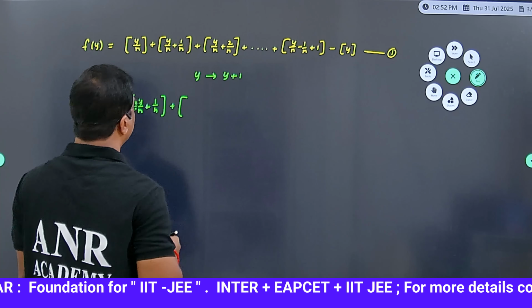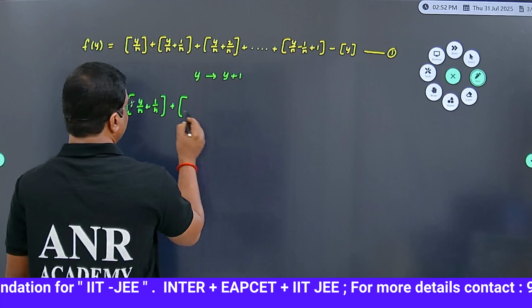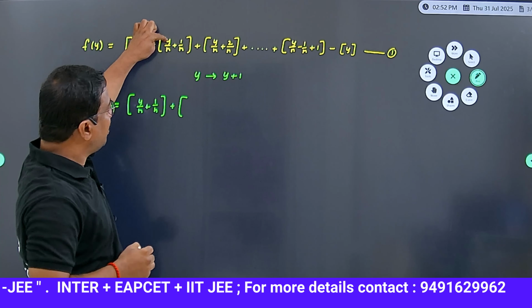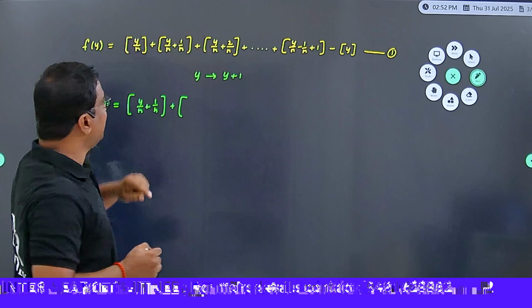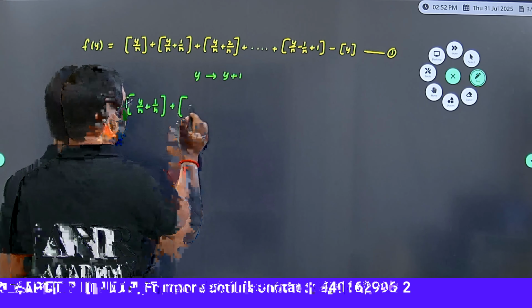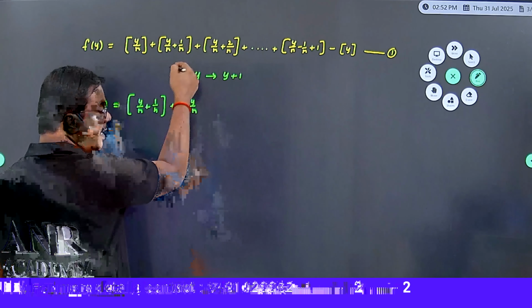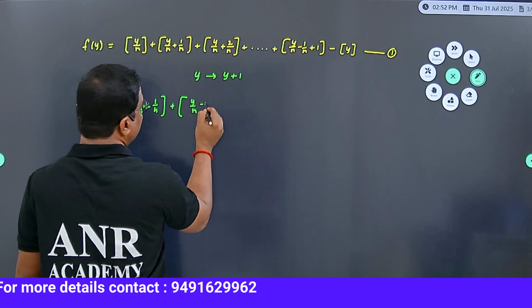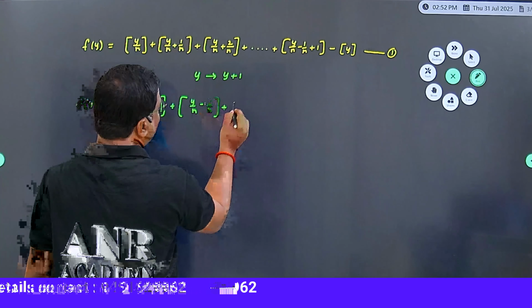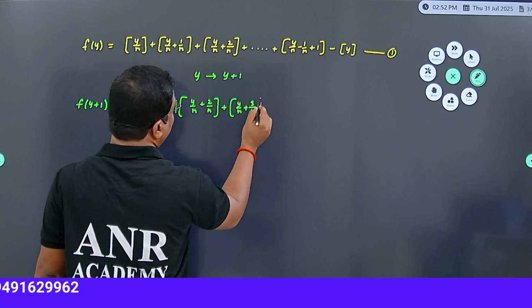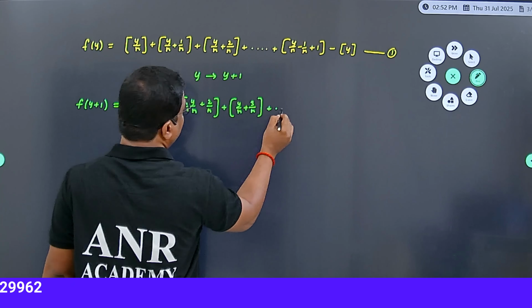Next, if y becomes y plus 1, again in the second one, we get y by n plus 1 by n plus 1 by n, that is y by n. Next, y by n plus 3 divided by n, and so on.